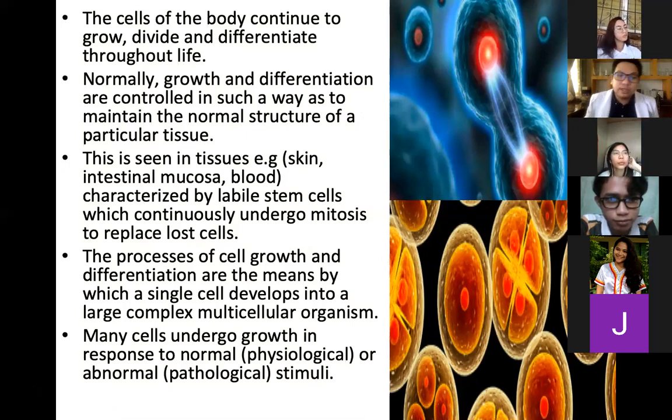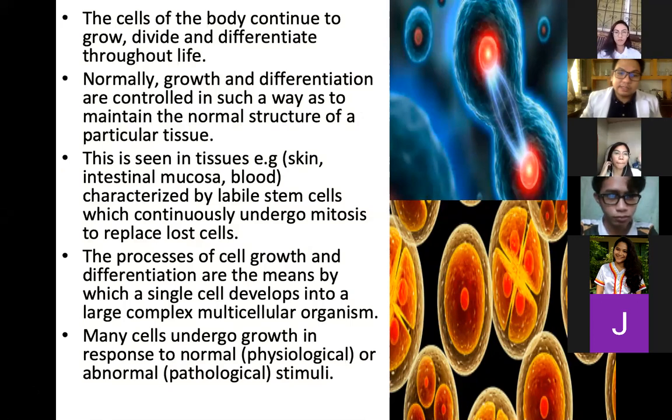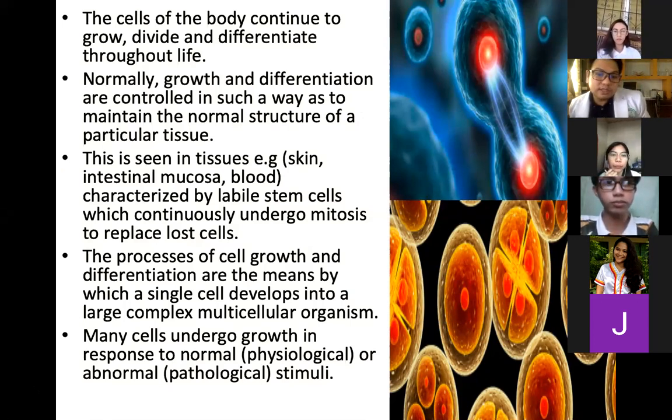So normally, growth and differentiation are controlled in such a way as to maintain the normal structure of the particular tissue. So, for example, the skin, the intestinal mucosa, and the blood are characterized by labile stem cells, which continuously undergo mitosis to replace lost cells.